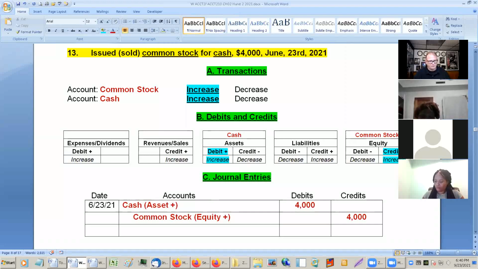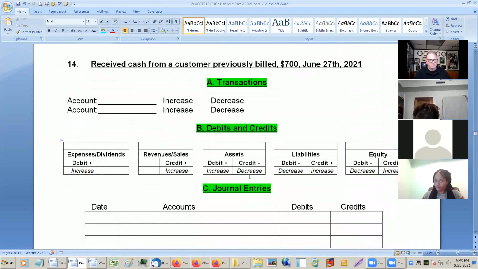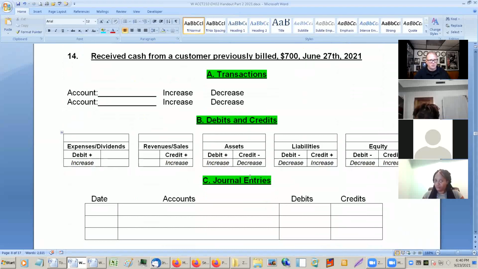Question on that? Okay. Oh, a little bit tricky. We have received cash from a customer previously billed.